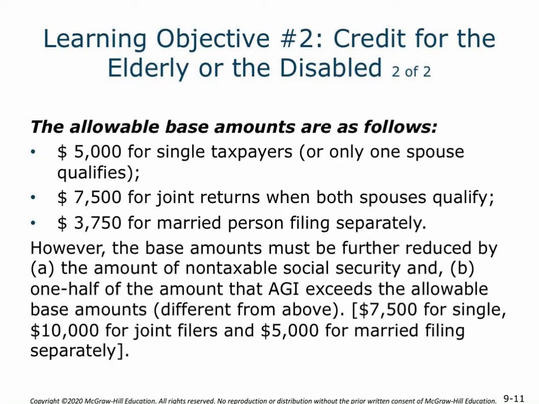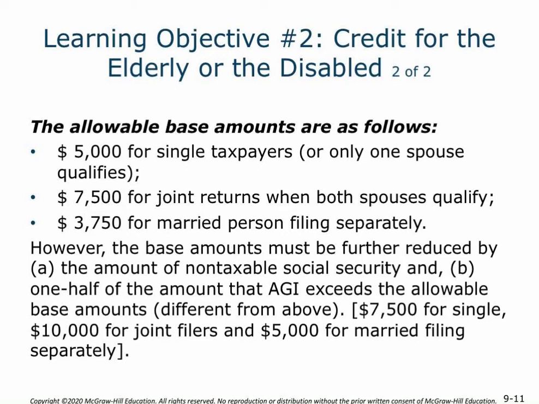First, the base amounts are going to be $5,000 for single taxpayers and $7,500 for those filing a joint return. Now, if you're married filing separately, you essentially get half of the joint return, so $3,750. And again, this amount's going to be reduced in one of two ways. Either we're going to reduce it by the amount of non-taxable Social Security, or 1/2 of your adjusted gross income over a threshold amount. So $7,500 for single or $10,000 for joint filers.